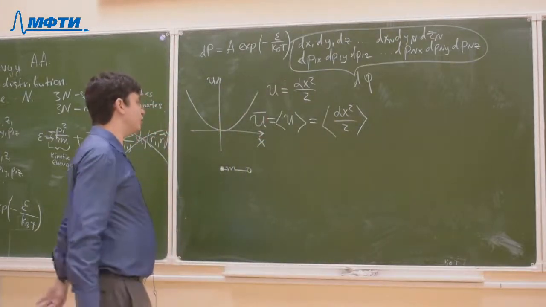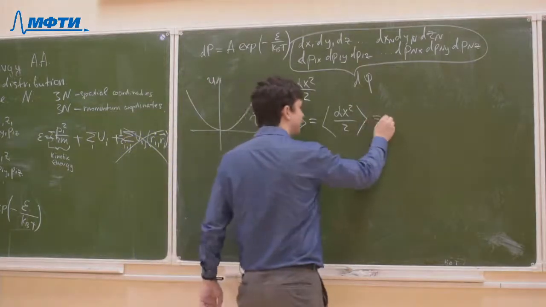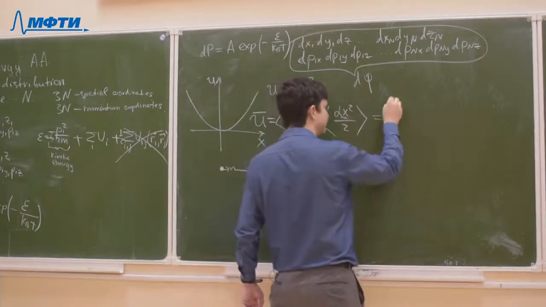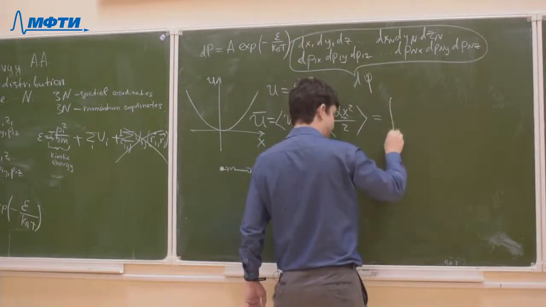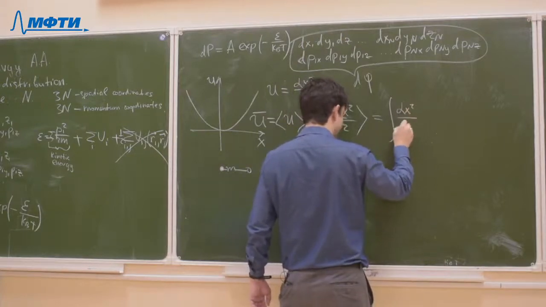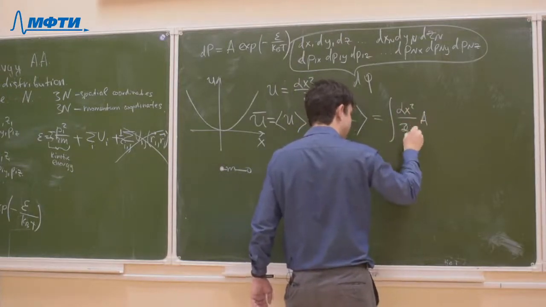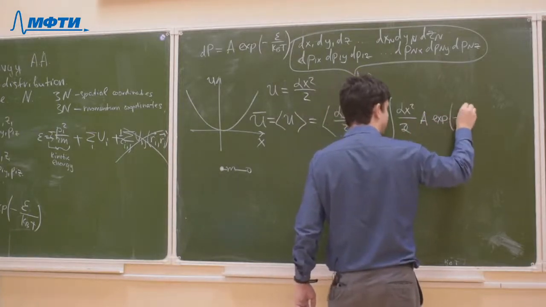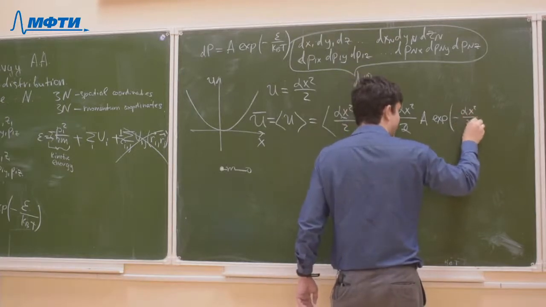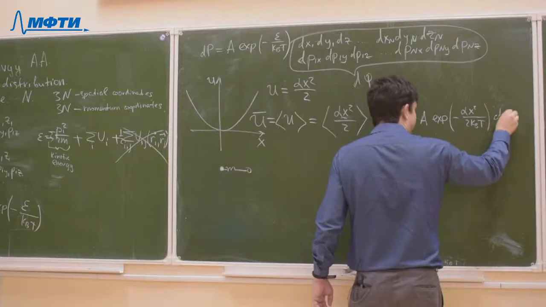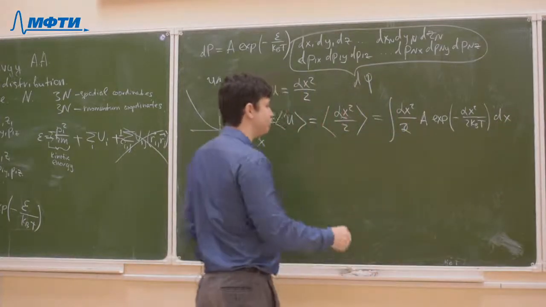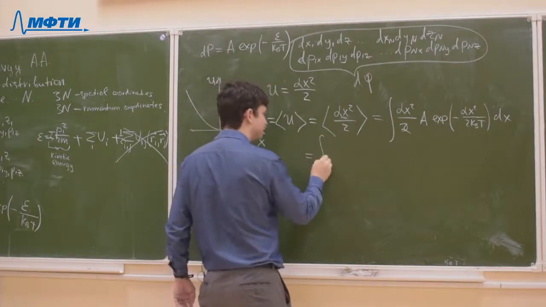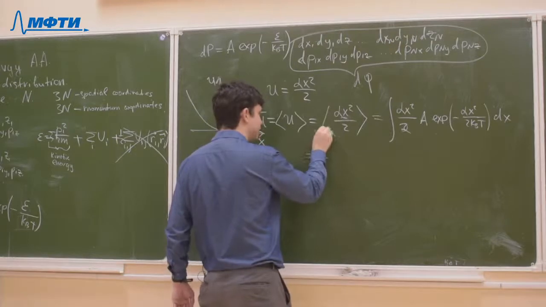And according to Boltzmann's distribution, the distribution for the x coordinate is given by the following formula, where A is a normalization constant. Here, instead of the normalization constant, I can do the following trick, as I used when we studied Maxwell's distribution.